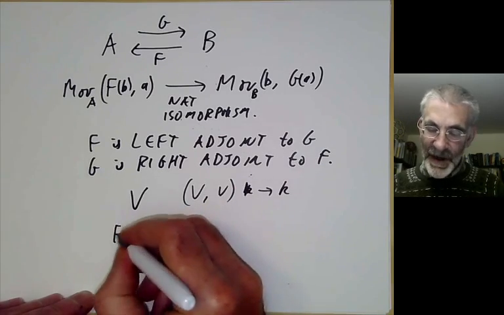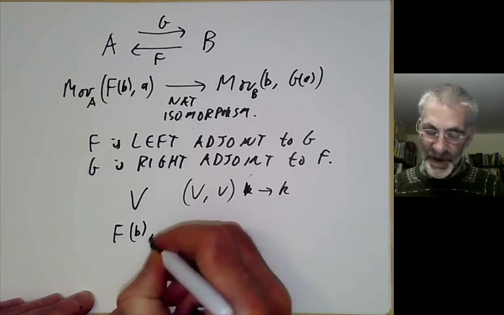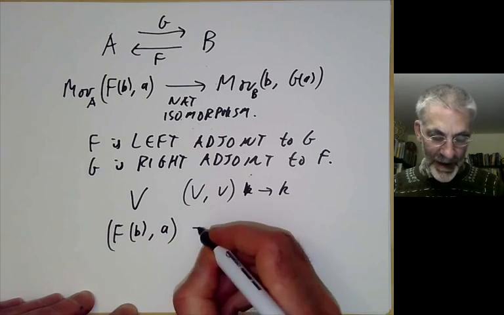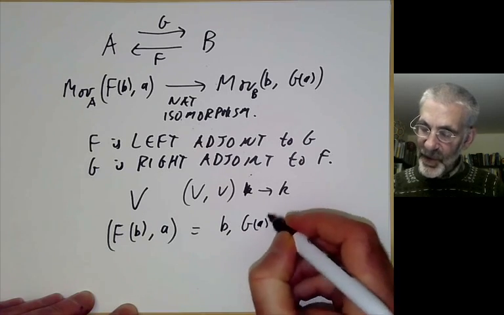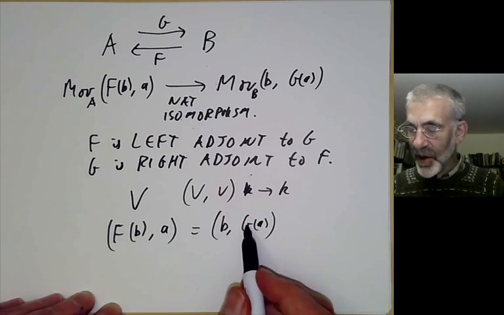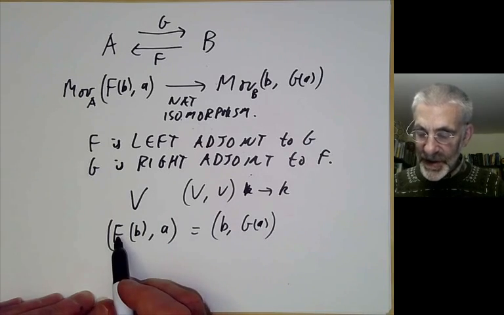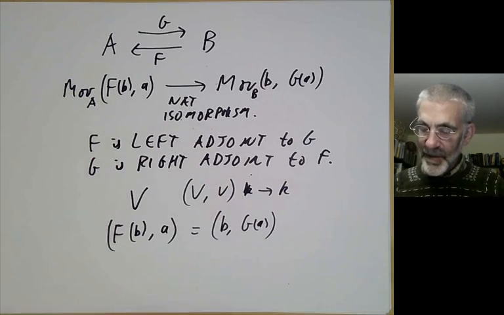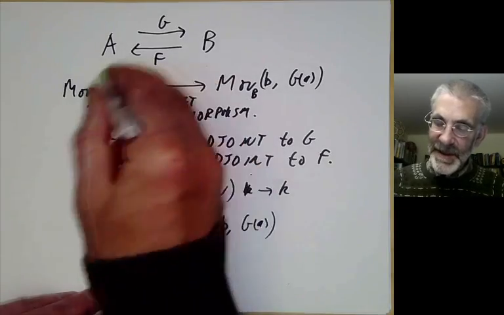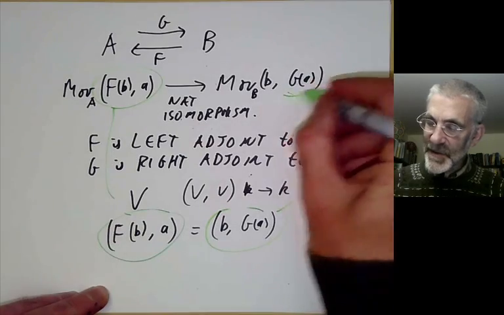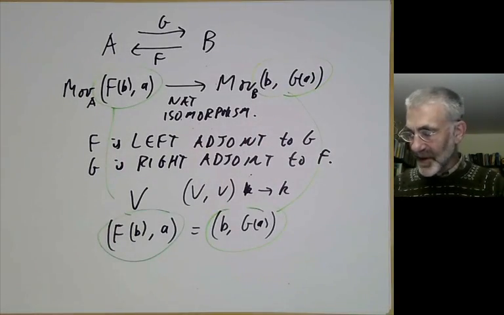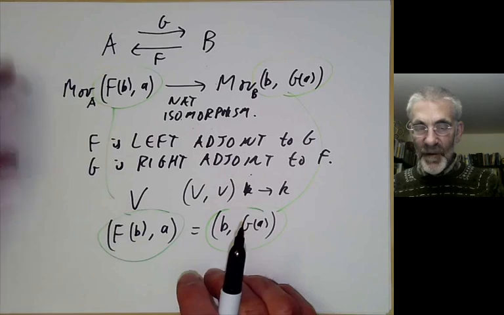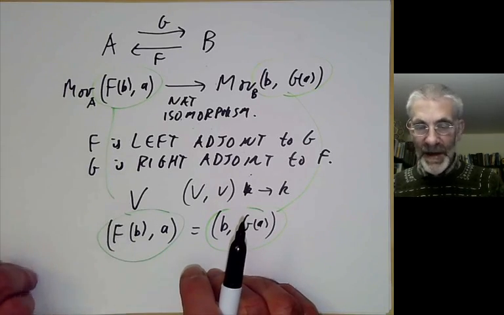Then if you've got a linear operator F on V, it has an adjoint which can be defined by saying the inner product of FB and A is the same as the inner product of B and G of A. So this says the linear operator G is adjoint to the linear operator F. And if you compare this expression with this expression, you see they're formally very similar. So that's where the name adjoint for adjoint functor comes from. It's formally quite similar to adjoints of maps in linear algebra.